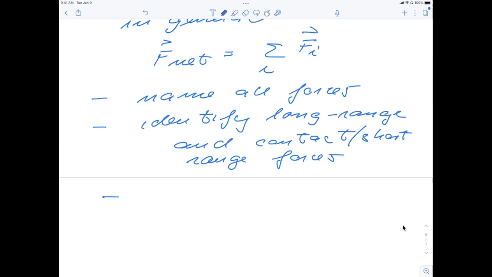Yeah, what kind of word would you use for that? The gravitational effect on the ball, like ball on Mars or ball on Earth.